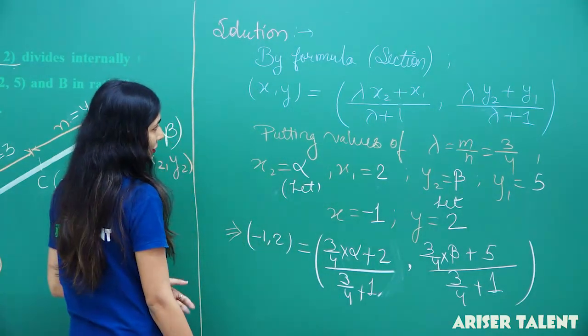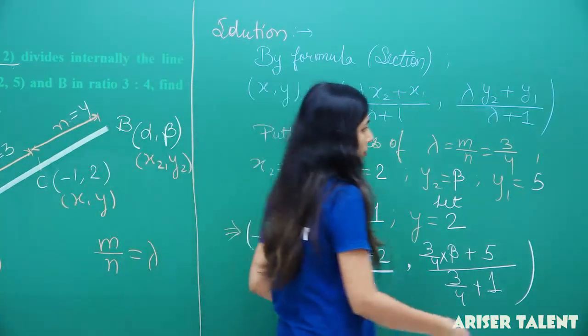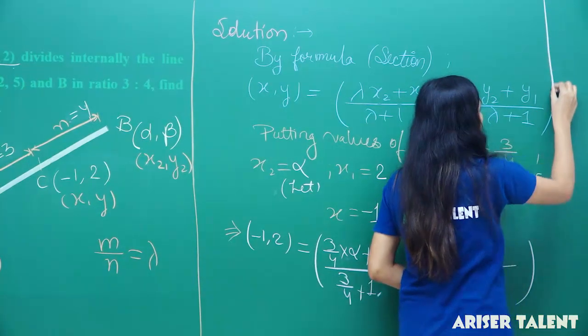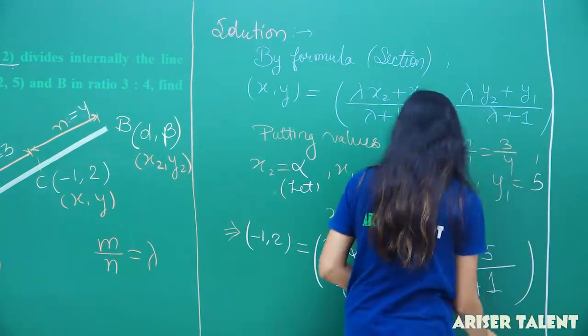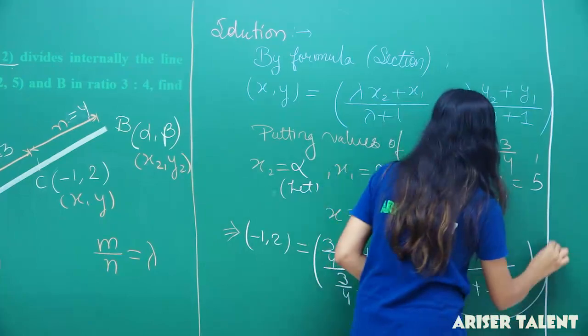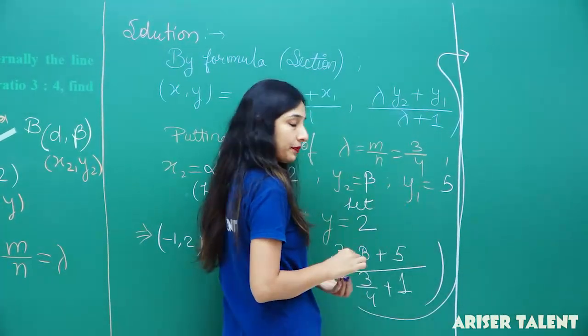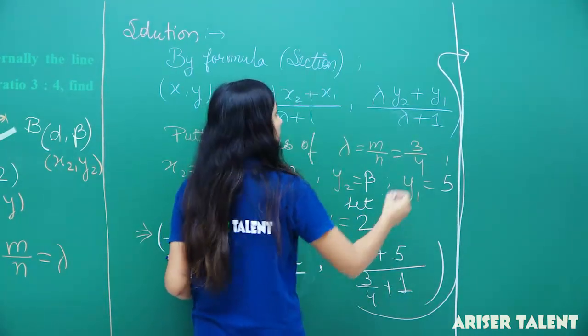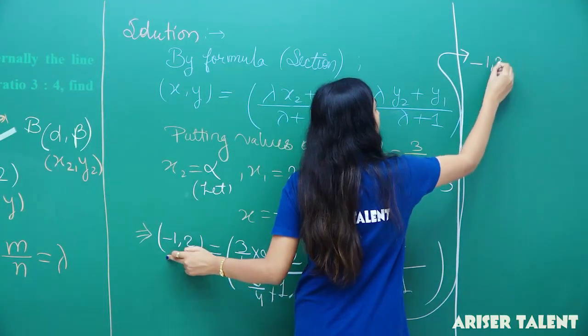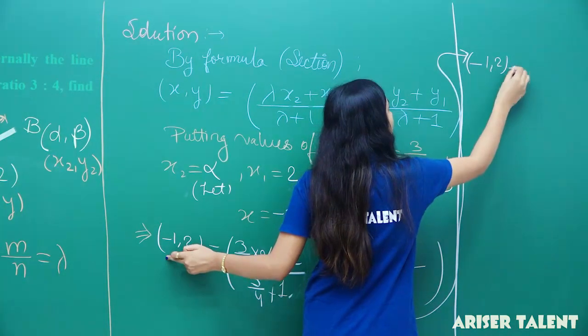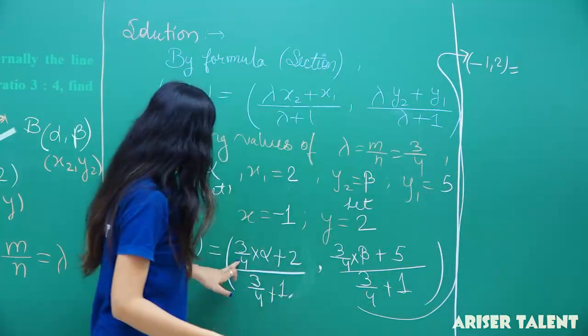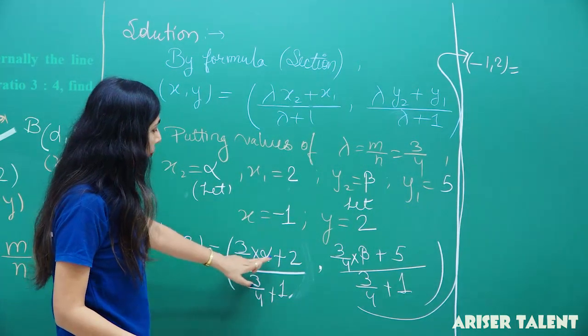So, can I continue this question on that part? I am having this third part right there, so you can just move here. Okay, so what will I do? Simply -1 and 2. That will become, this is 3 by 4 alpha plus 2.